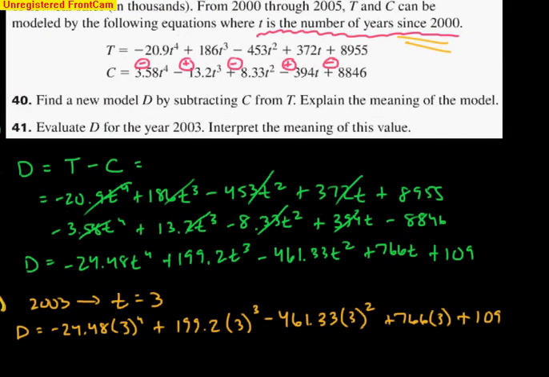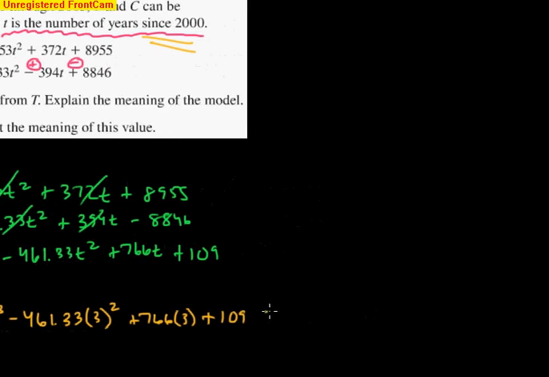Negative 24.48 times 3 raised to the fourth plus 199.2 times 3 raised to the third minus 461.33 times 3 squared plus 766 times 3 plus 109. And I get this number right here: 1650.55. And hopefully that's what you got.